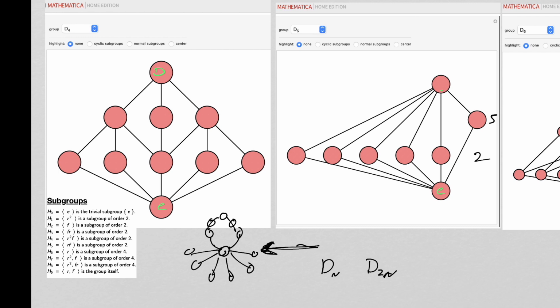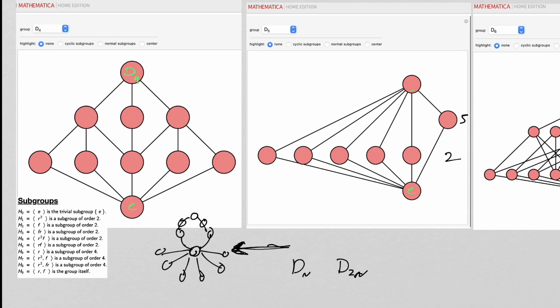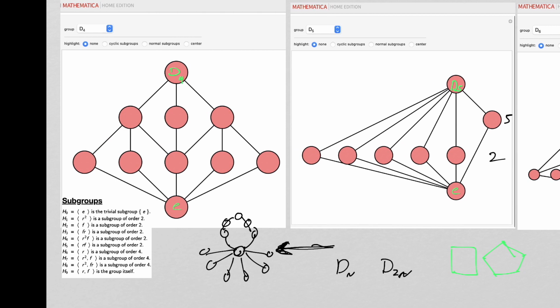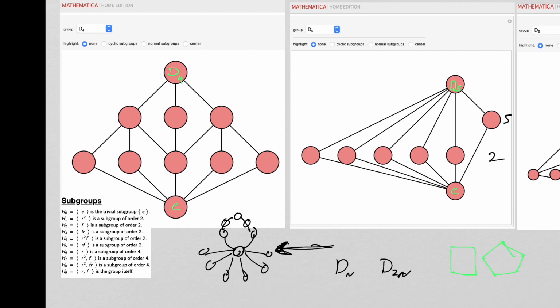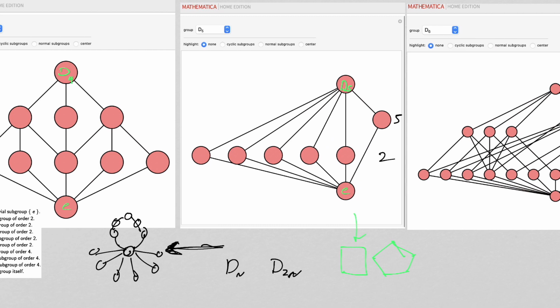So even in a sequence of groups designed in a highly predictable way, namely the symmetries of polygons, squares and I guess pentagons in this case, you see that the subgroup lattice structure follows a pattern that is completely independent of the geometry, as far as we know. It has to do with these prime numbers.